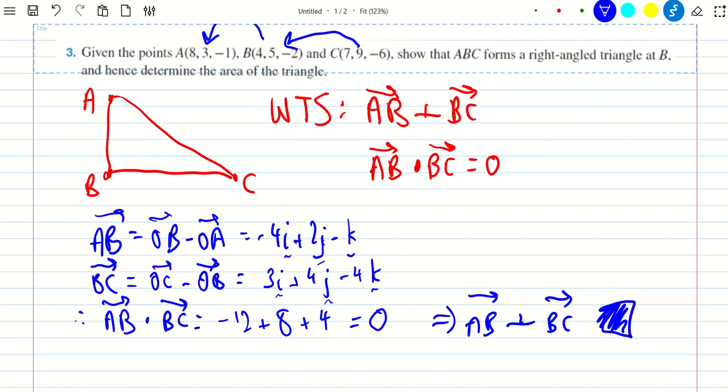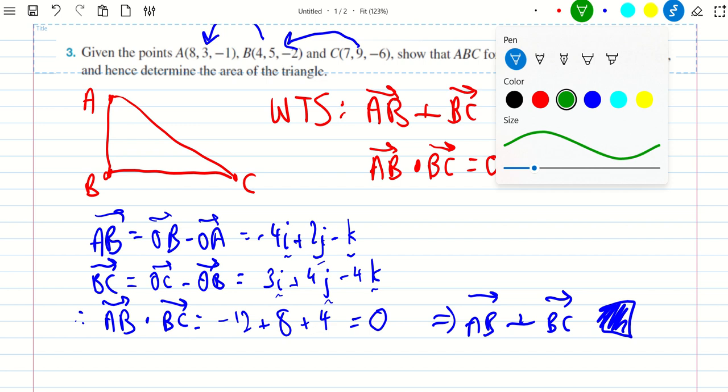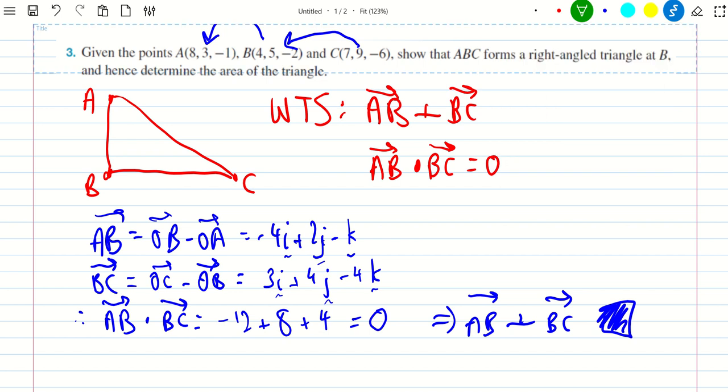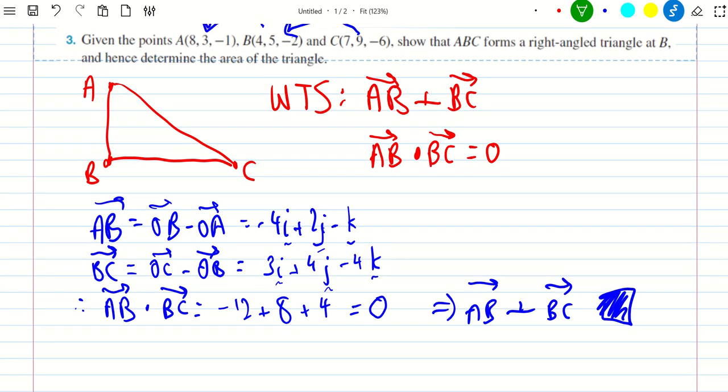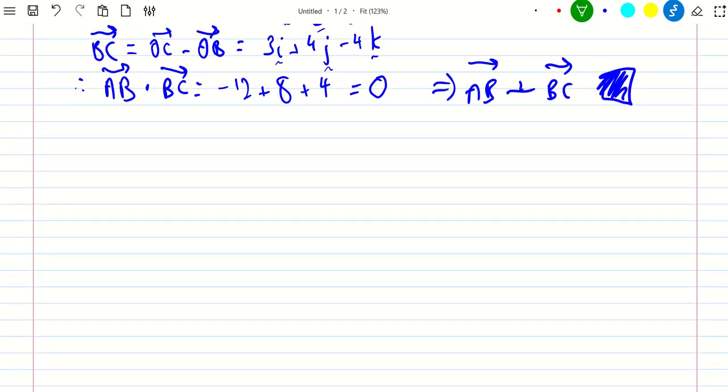Okay. So now that we know it's a right angled triangle, the second part of the problem, I'll switch colors, is to find the area of the triangle. So this is a good exam question because it covers a lot of different ground. The area of the triangle is going to be half base times height.